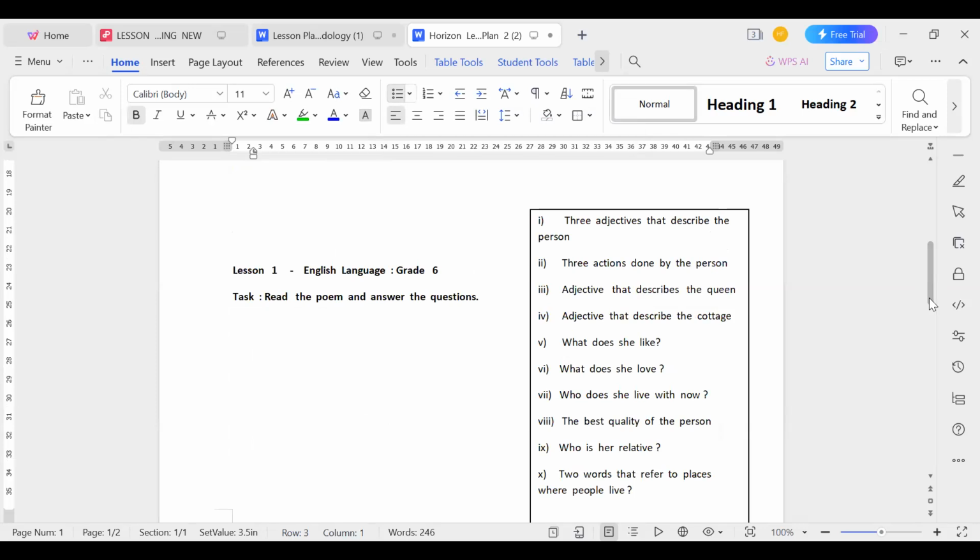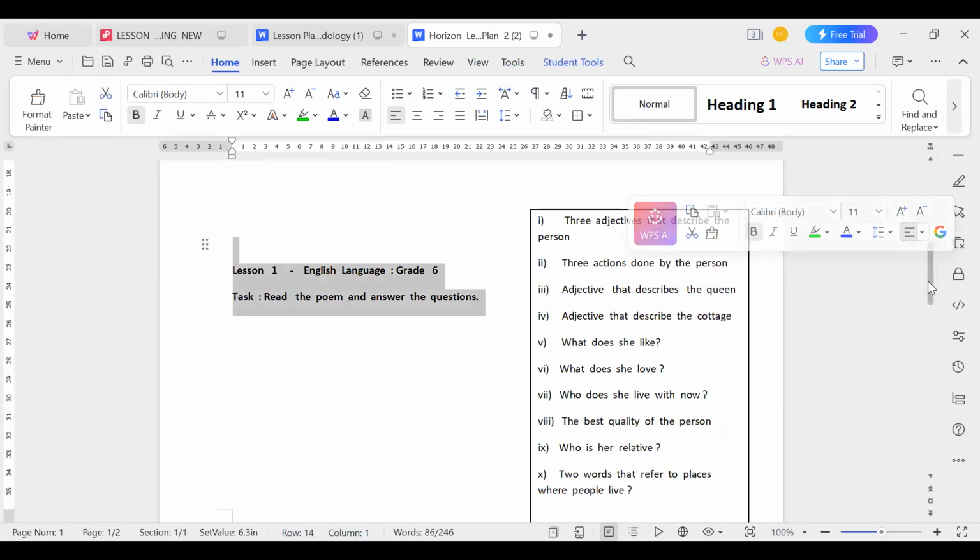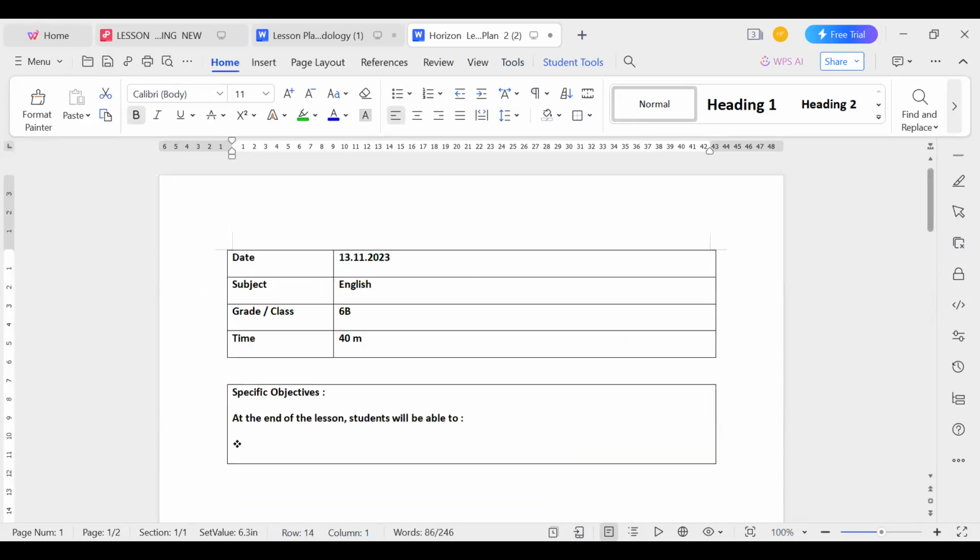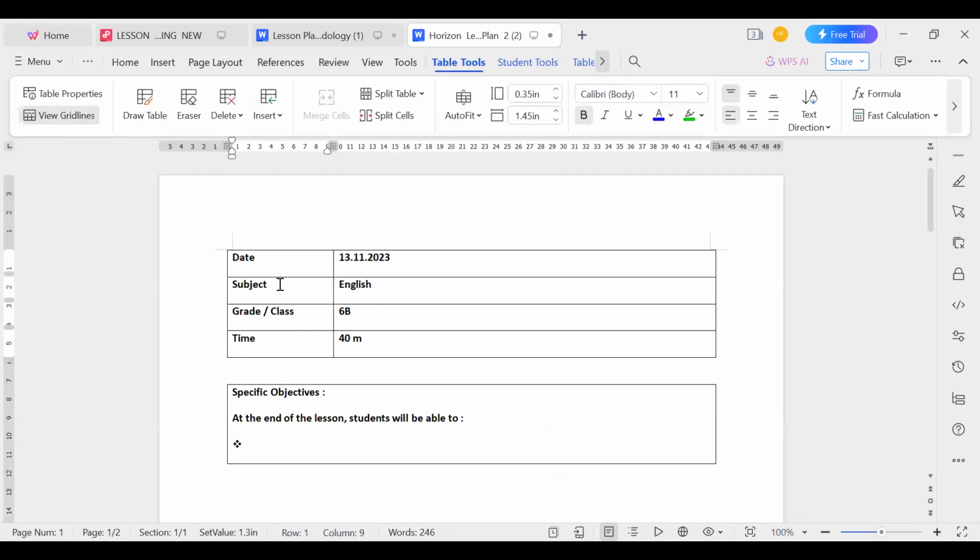The lesson is about writing a small poem, a simple poem. That is, writing a simple poem is the topic of the lesson. So we can write the subject and topic.